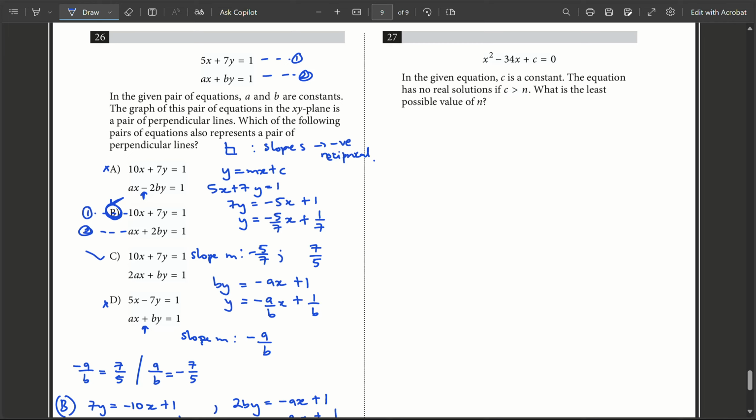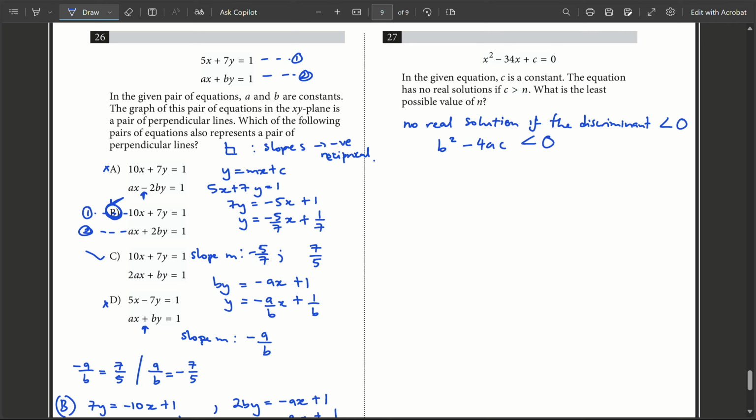What is the least possible value of n? All right, so it has no real solutions if the discriminant is less than 0. The discriminant is b² - 4ac, so it should be less than 0.